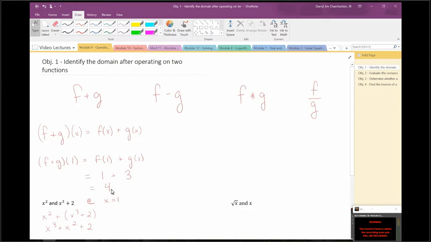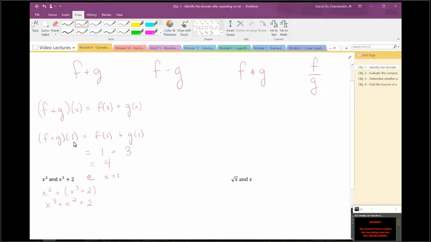And what you'll notice is it doesn't matter if I do that first or if I added them in general and then plugged in 1. These are actually going to be the same thing. So it's not very difficult to add functions or subtract them, multiply them, or divide them. It's actually something that's pretty common that we've kind of been doing without even realizing it.